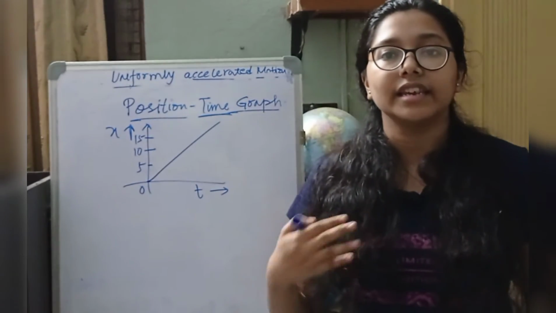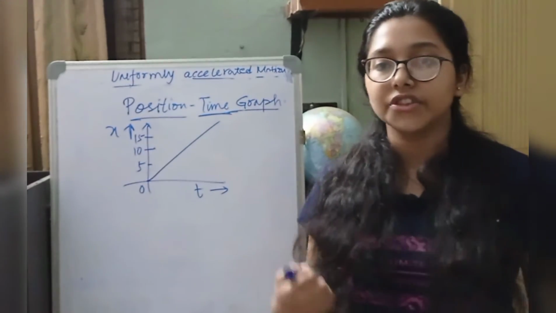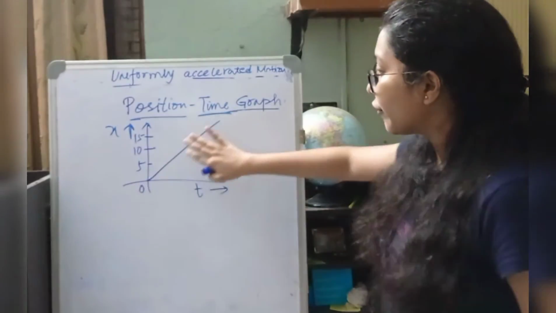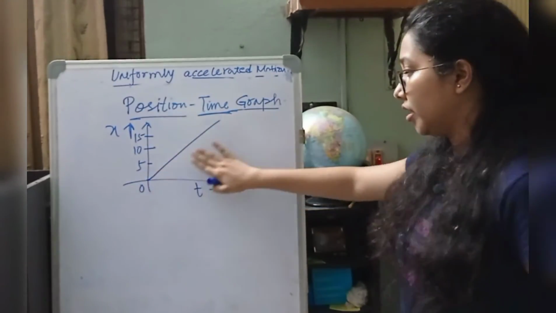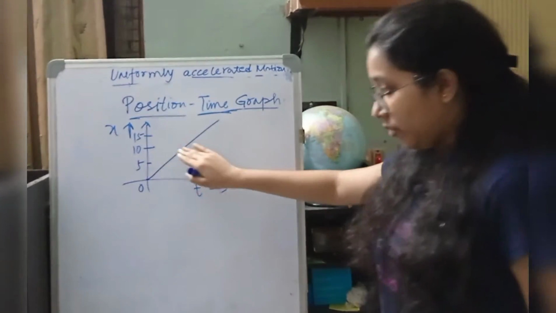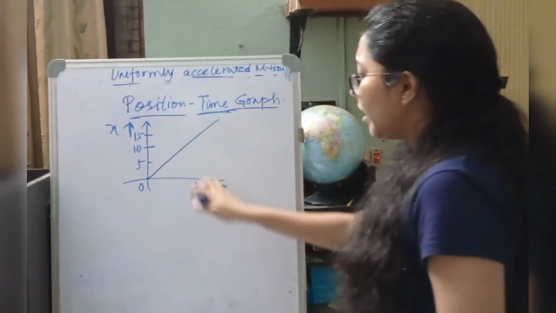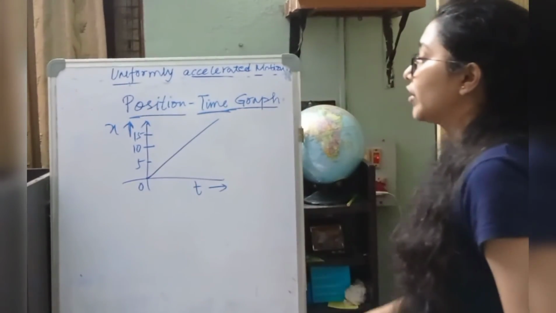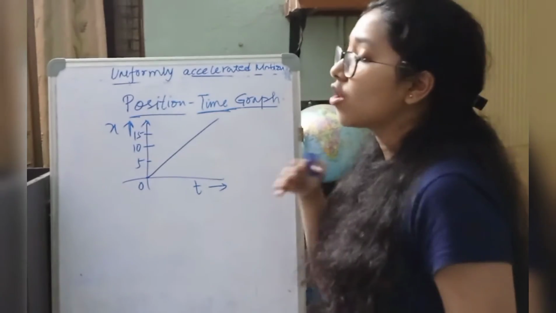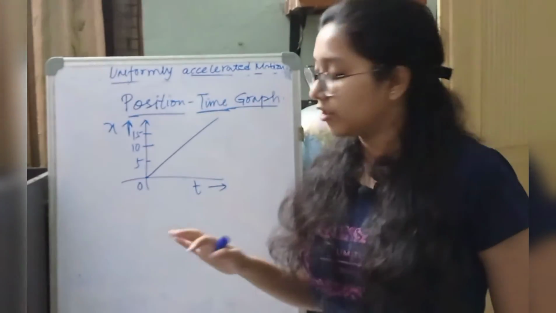Equal distance in equal time interval means it is moving with a constant velocity. So these straight line graphs passing through the origin imply that the velocity is constant. The velocity is not changing at all.